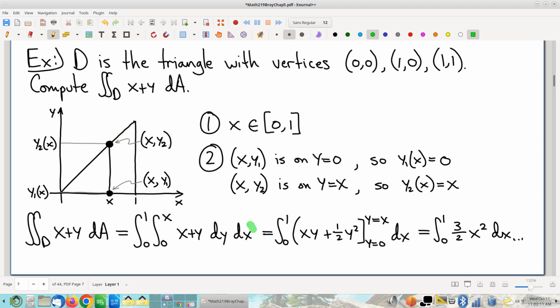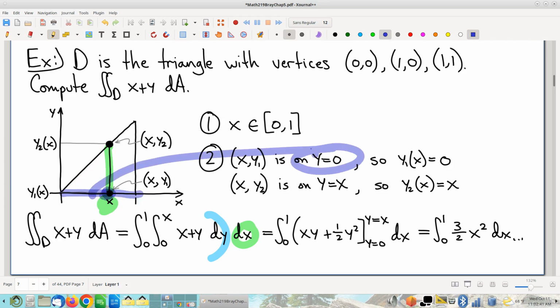Now, we're going to fix x, looking only at one slice now. On that single x slice, I now want to know what's the range of values of y. Y starts where, y ends where? Okay, so y starts at that point, which is on that curve, which has that equation.